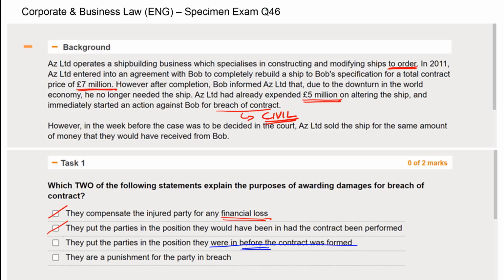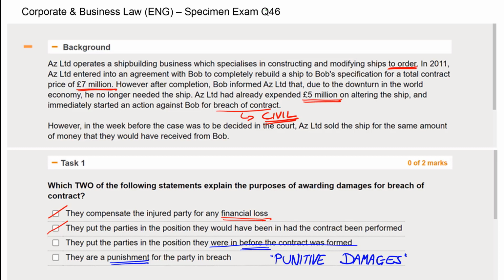We've established that because this is a civil and not a criminal case, we are not looking to punish the party. Now, there are some legislative areas, for example, in the United States, there is this concept of punitive damages, where the wrongdoer, the person who has breached, is punished in order to deter other people from committing a similar breach.